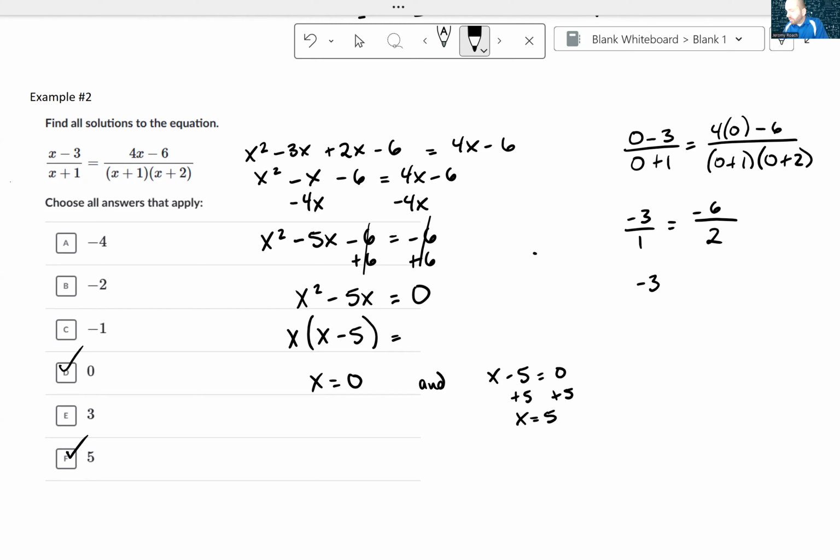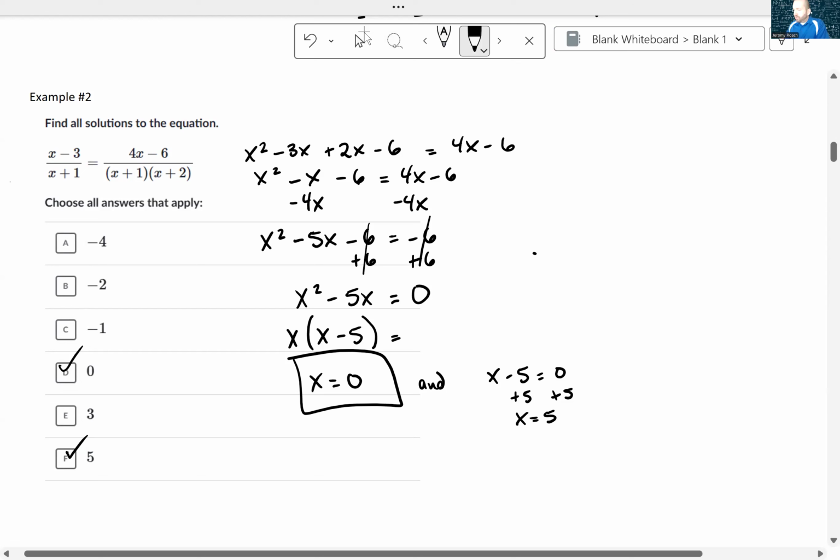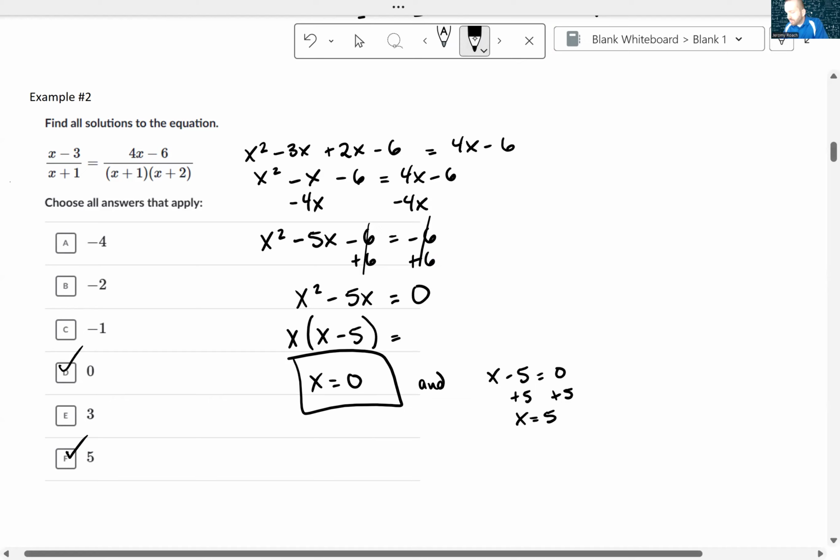And that's negative 3 equals negative 3. So 0 is a solution. We checked that because we used the entire equation. We used all of it. And we can plug in 0 and not get 0 on the denominator for either of these. If you type in anything divided by 0 in your calculator, you'll get an undefined answer. It'll say error or undefined.